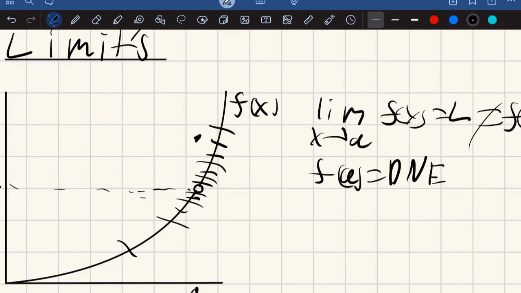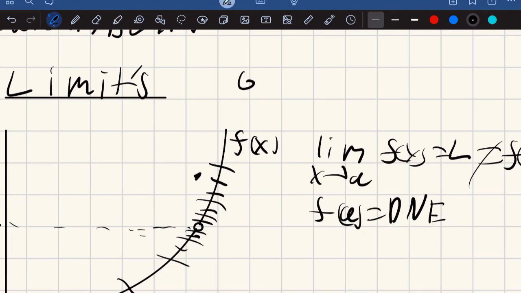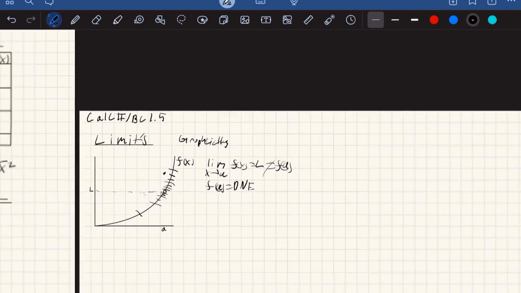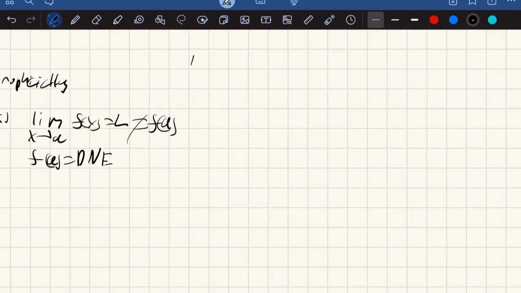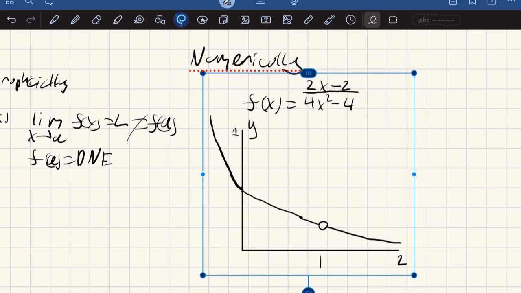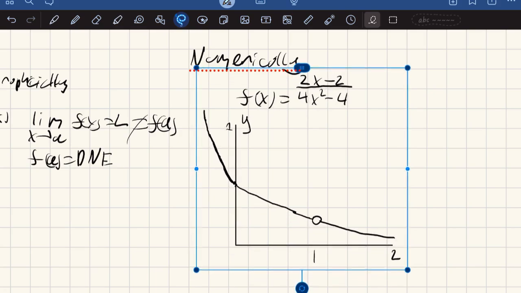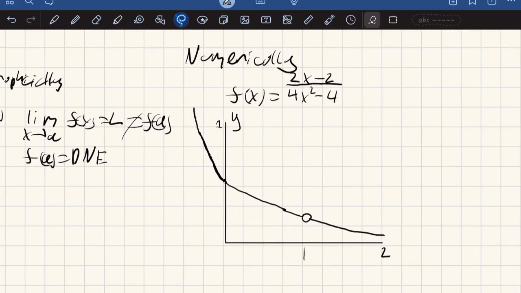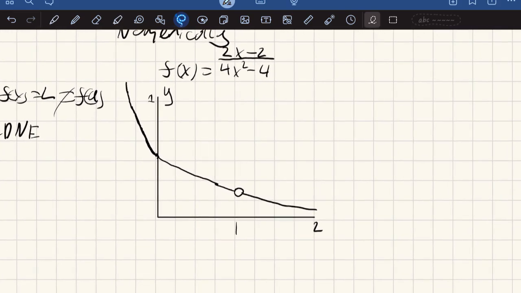In this first example, we found the limit graphically. But now we're going to find it numerically. So here we have the function f of x equals 2x minus 2 divided by 4x squared minus 4.